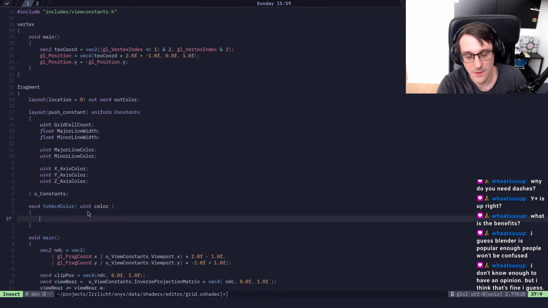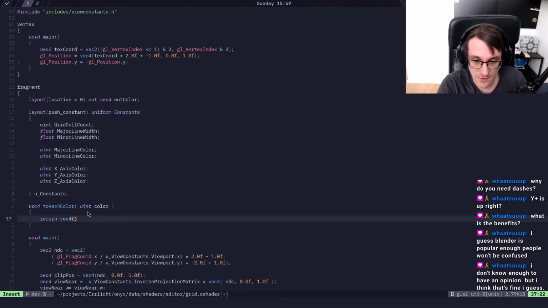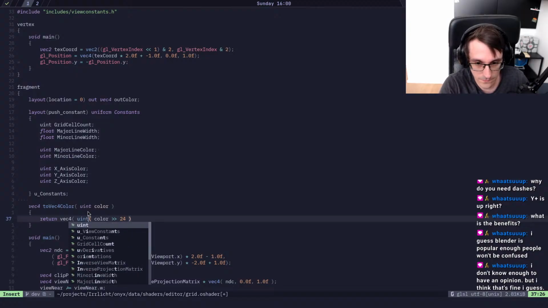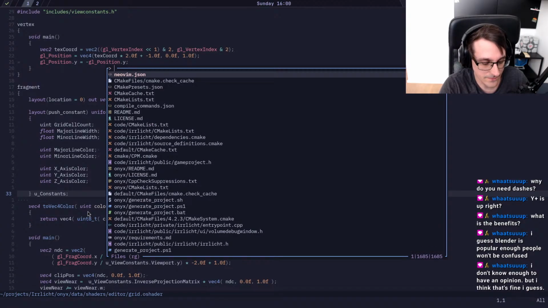Oops. And then this is basically a return of a vec4, which is the color shifted like that by 24. But that would be alpha, right? Is it uint8? I forgot what it is.